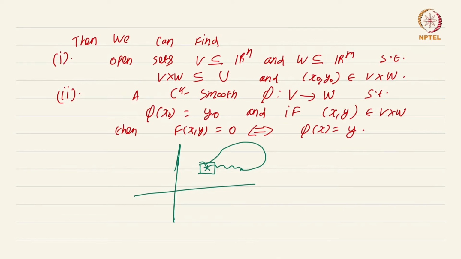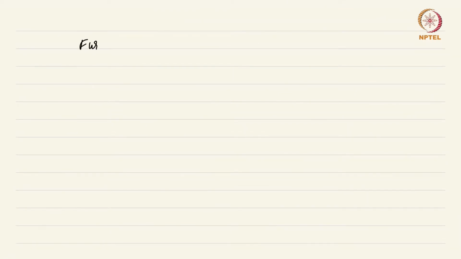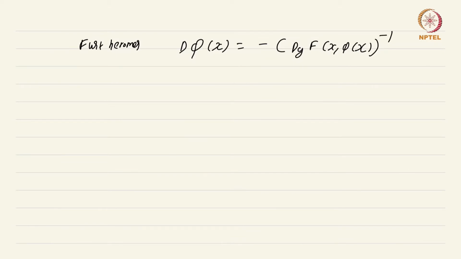Okay, so there is one more part to this conclusion. Furthermore, you can write down the derivative d phi x, and you must have done this in the one variable case when you studied implicit differentiation informally. This is the negative of dy of f of x comma phi of x, inverse.